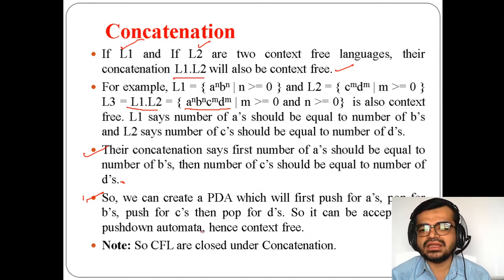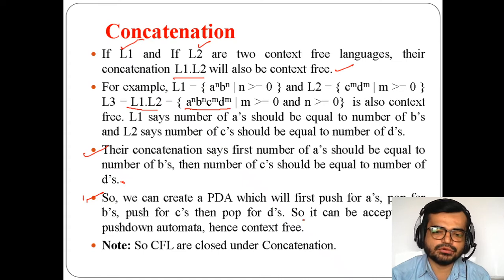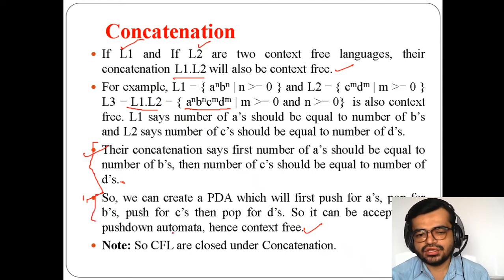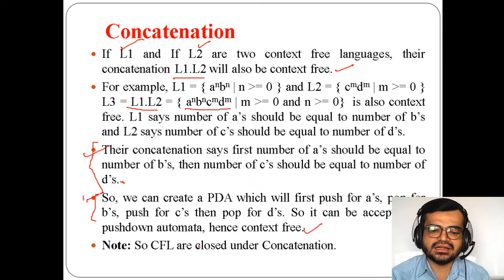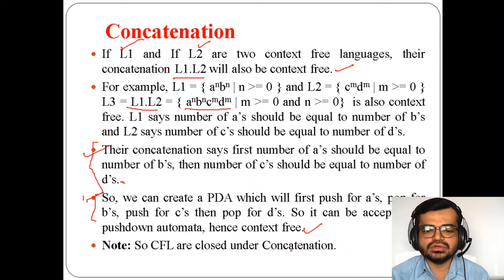As you know, if a language is accepted by a pushdown automaton, then you can say that it is a context free language. So using pushdown automata you can prove this part. By this we can say that the given language, the desired language, is a context free language.